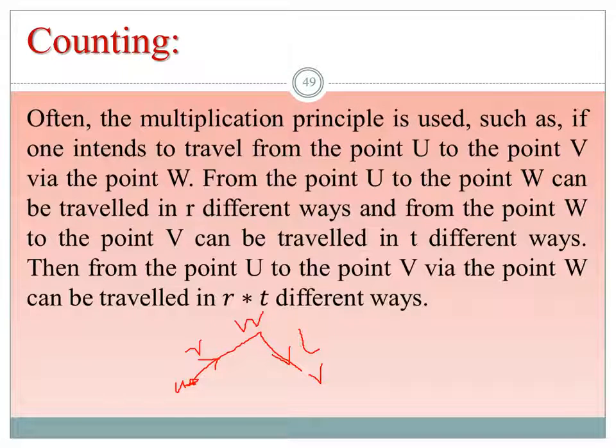Then the total number of possible ways to travel from U to V is R times T different ways. This is very popular in real life, in everyday applications, where most of the time we use this multiplication rule.